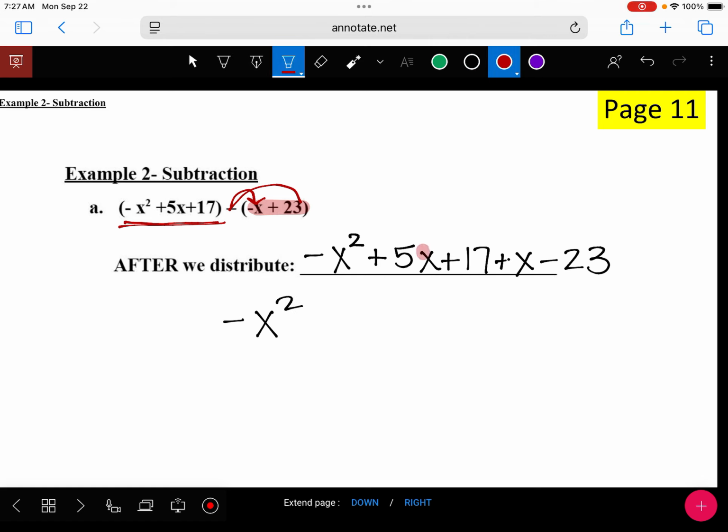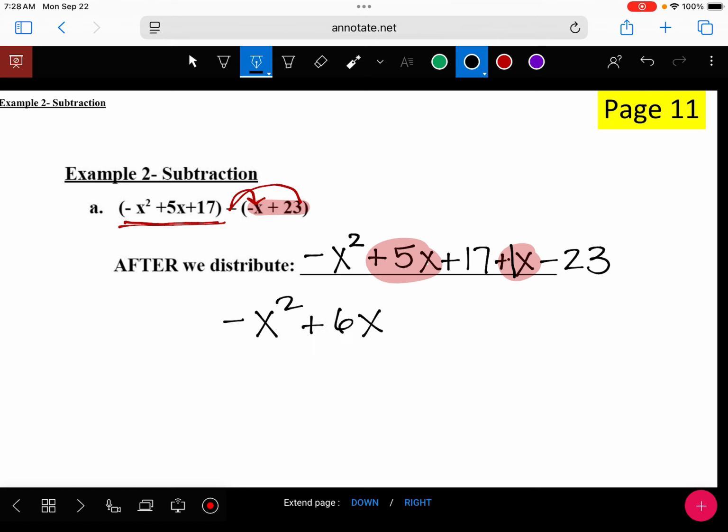But I have a positive 5x and a positive x. And in front of that x is a 1. So that's a 5 plus 1. What is 5 plus 1? 6.